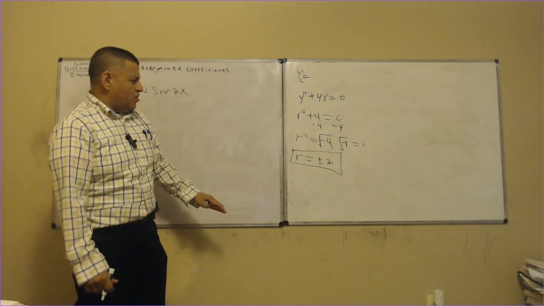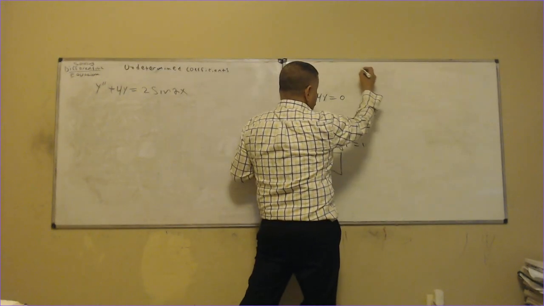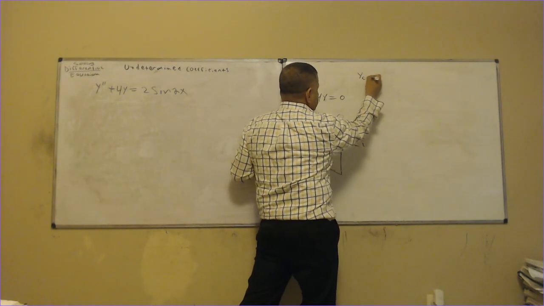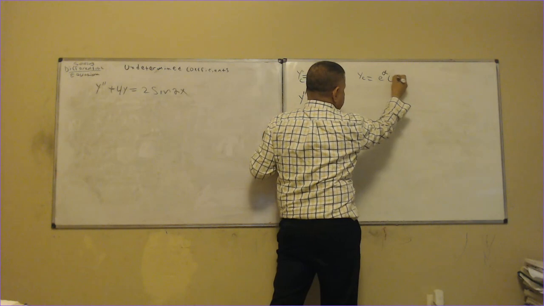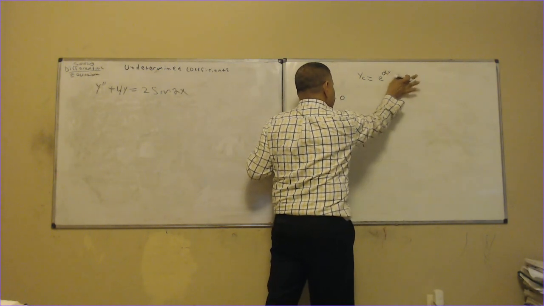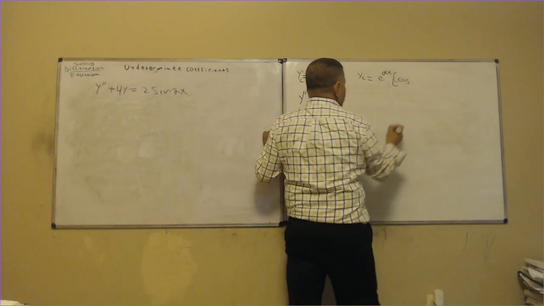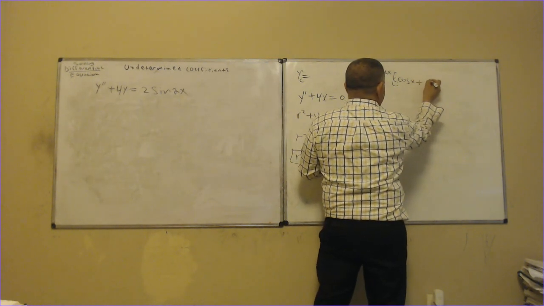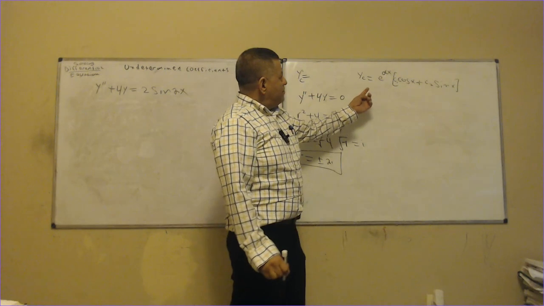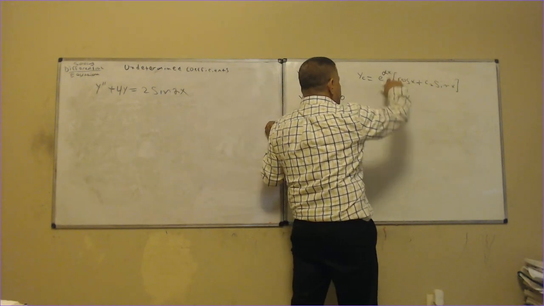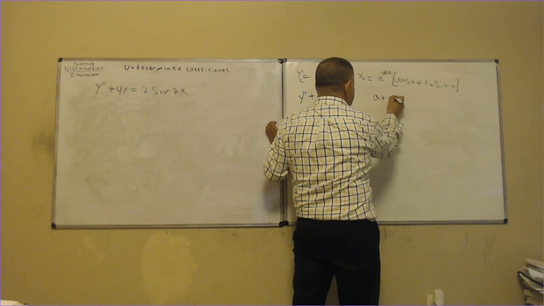So when we have an imaginary number, we know that we're dealing with trigonometric functions, which usually look like this: y_c is equal to e to the alpha x times C1 cosine of beta x plus C2 sine of beta x. Technically the root should be alpha plus i beta.